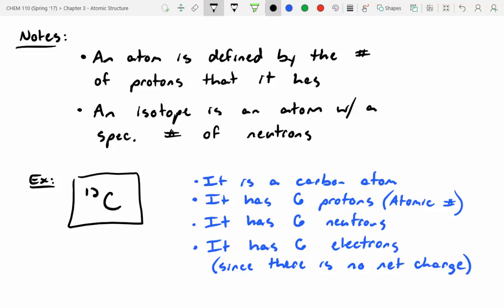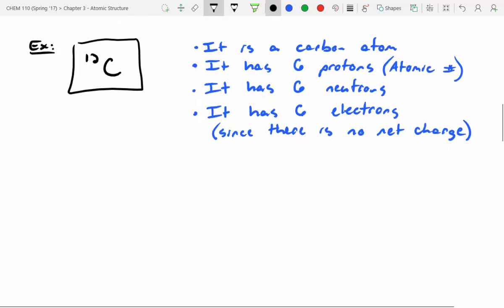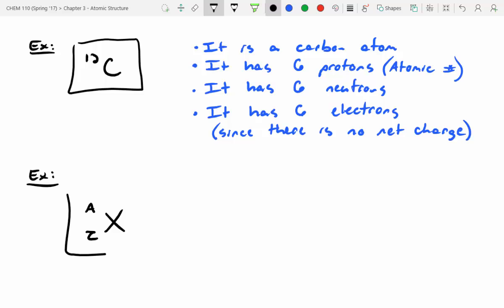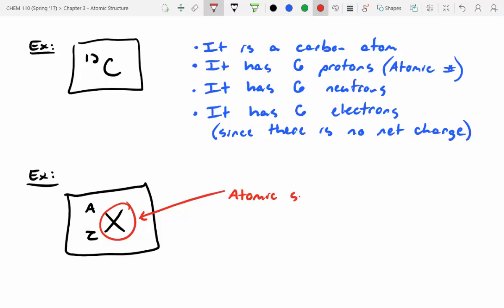There are other situations where you might see them written a little differently, so I'll show you guys another example. And this one I'm going to make nice and generic. Occasionally, instead of seeing just that number in the top left-hand corner, you'll see a number in the bottom left-hand corner as well. So this is your atomic symbol. That tells you your number of protons too.